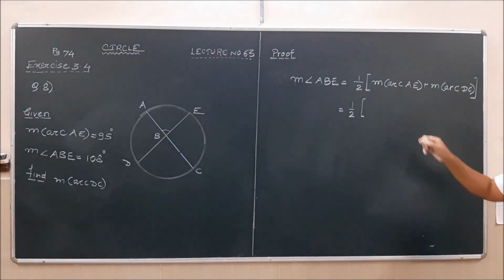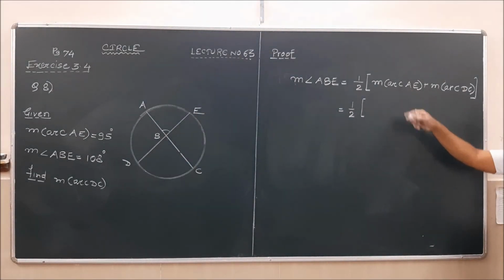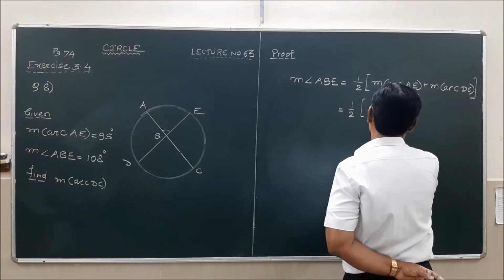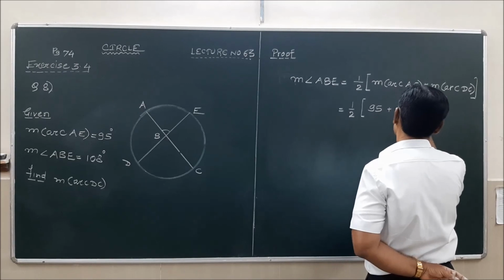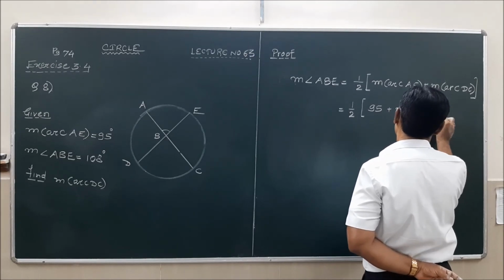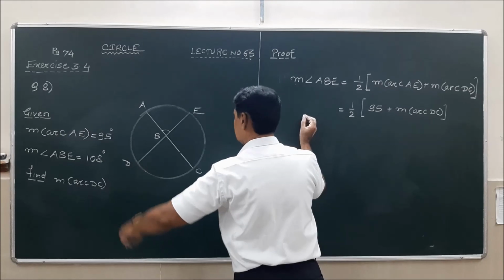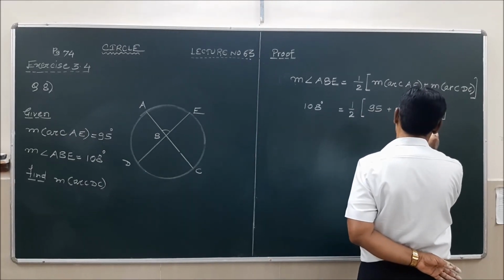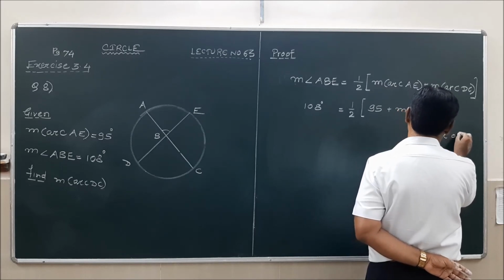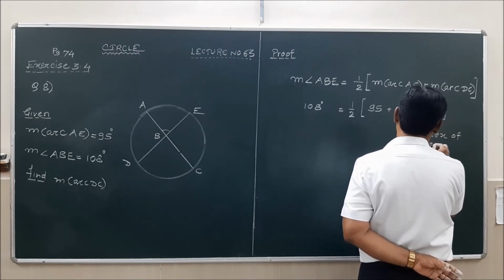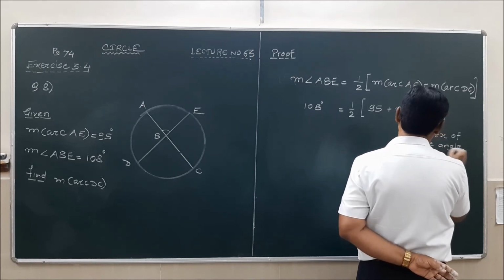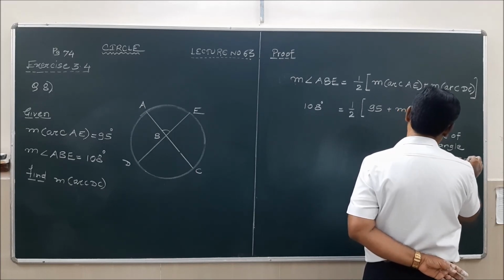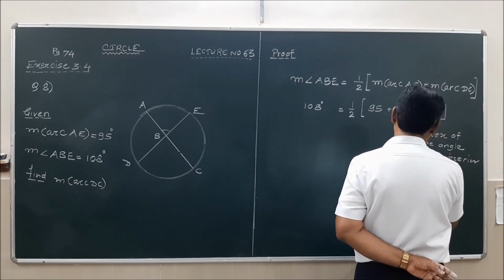Fine. The value of measure of arc AE is given as 95. So half of 95 plus measure of arc DC is equal to 108, the measure of angle ABE. The vertex of the angle is in the interior of the circle.